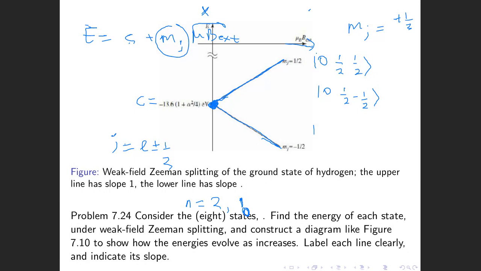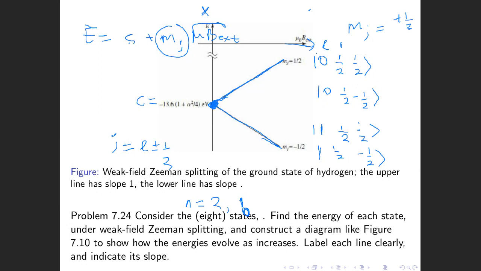Then you get states that will have L equals 1, and this is J. So you do the same thing, J equals half, and m_j is half and minus a half. This is another state.